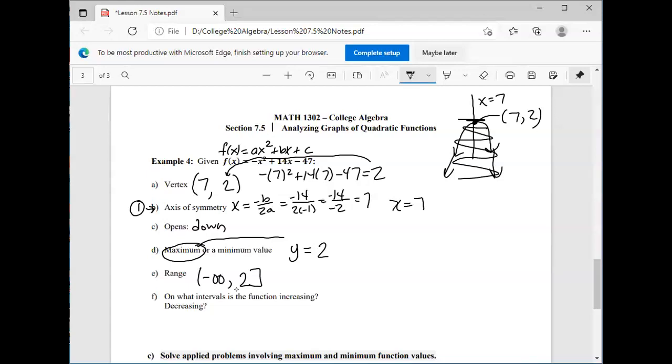Well, we're going to go like we're reading a book, so we're going from left to right. It looks like we would start going up the roller coaster. So we're increasing from negative infinity all the way to right here. And you always talk about what x is when it's talking about increasing or decreasing. And x is 7. It's decreasing from 7 all the way to positive infinity. We're going to go down.